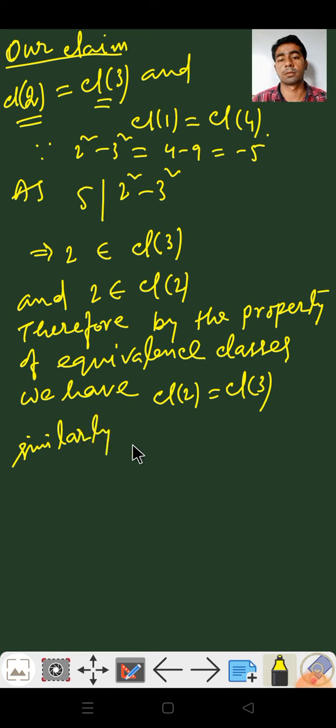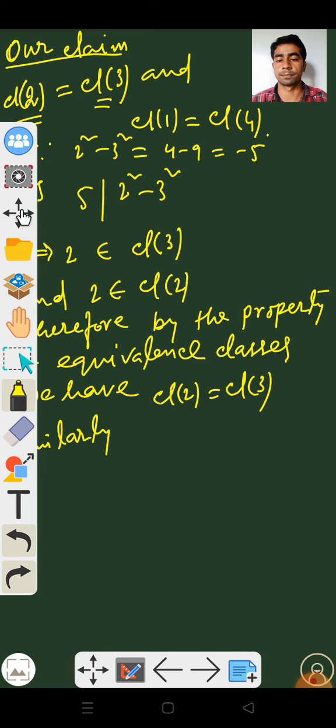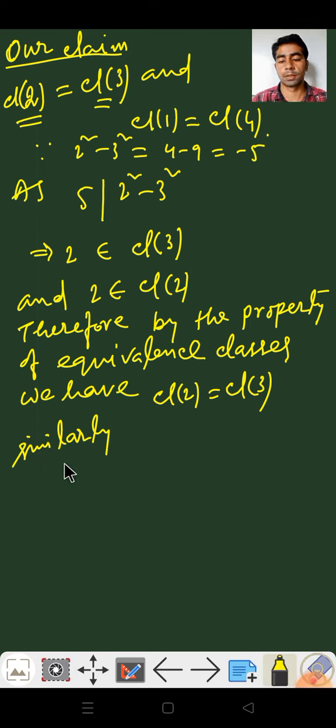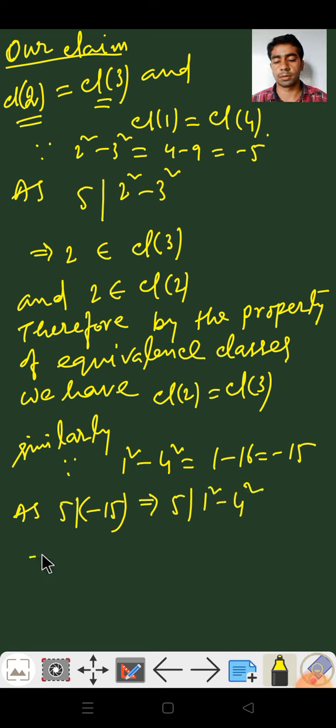Similarly, we can show that 1 square minus 4 square equals 1 minus 16, which equals minus 15, and as 5 divides minus 15, this implies 5 divides 1 square minus 4 square, and this implies that 1 belongs to class of 4.